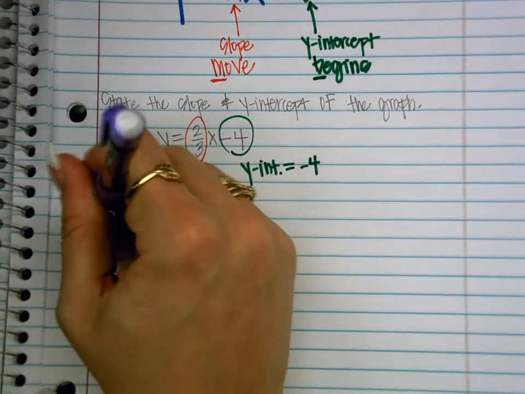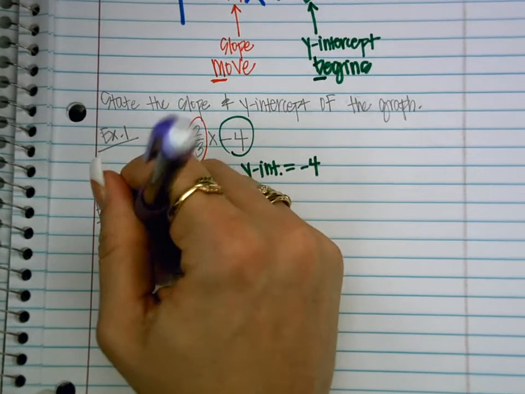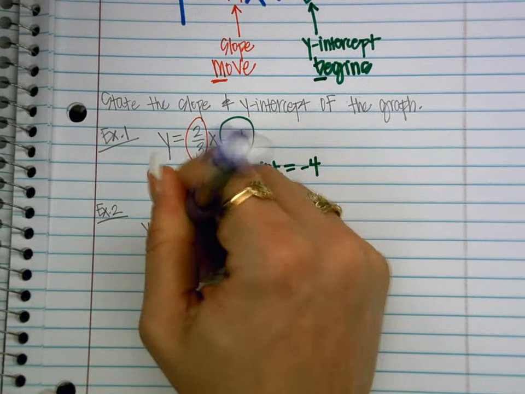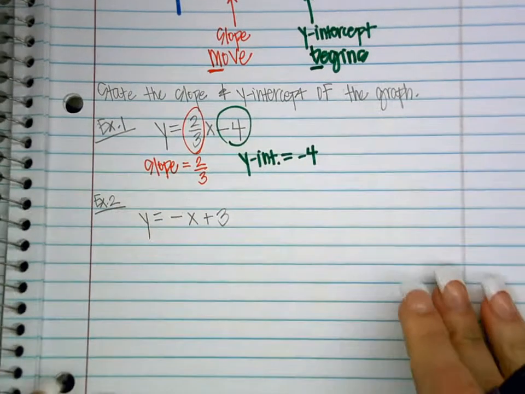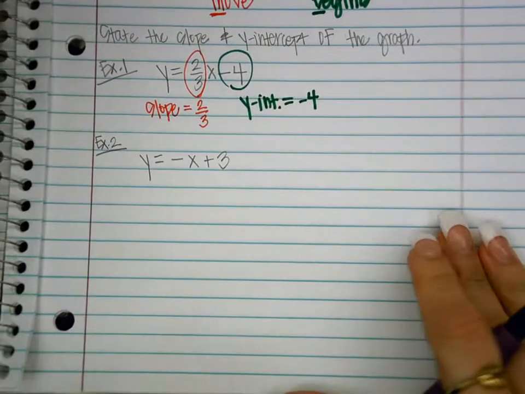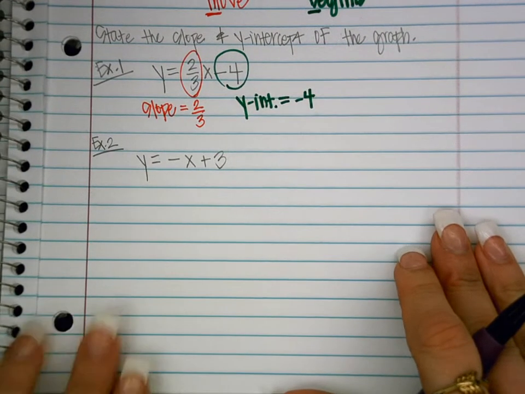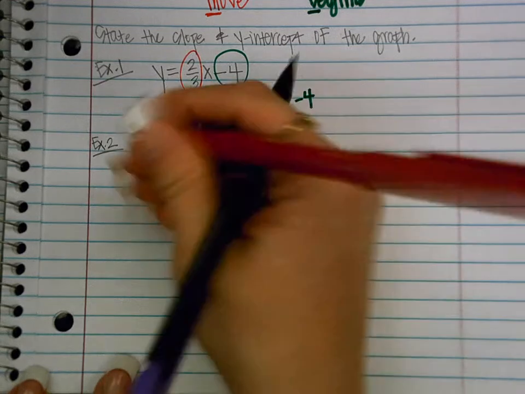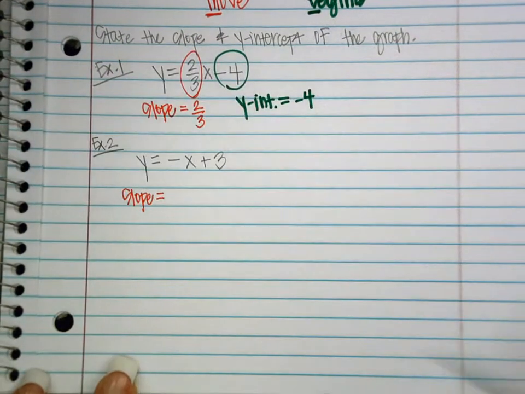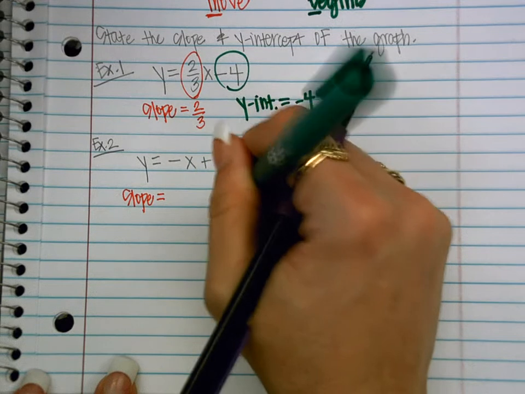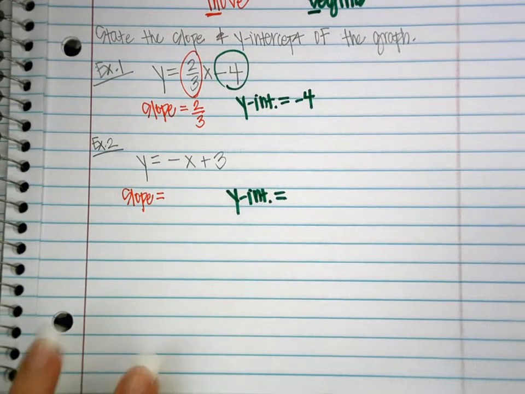I want you to do the same thing for number 2. State the slope and y-intercept of y equals negative x plus 3. What do you think is the slope?